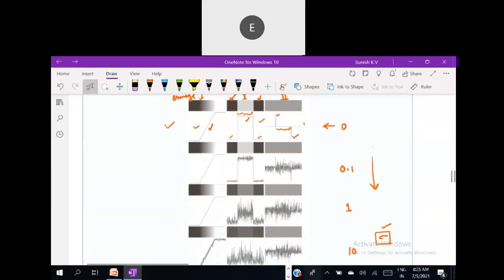But the question is when the image is corrupted with noise. That means when the image is noisy and the noise is not too much, as you can see, it is 0.1. Now observe, this is the ramp. There is some variation along the ramp, but that is very little because the noise is less.